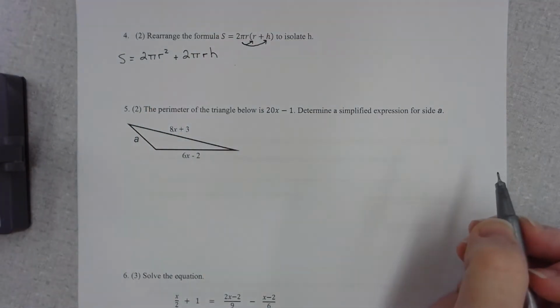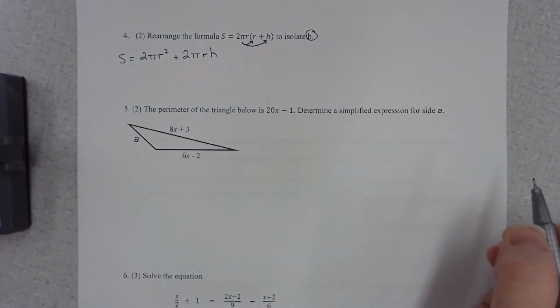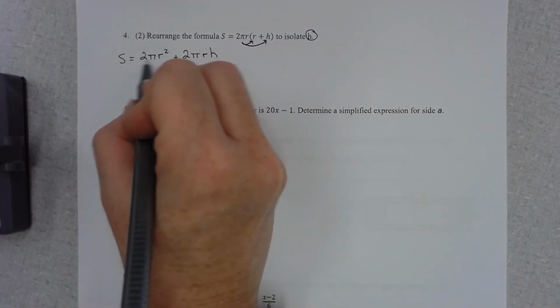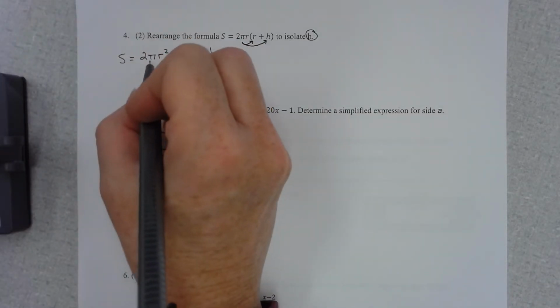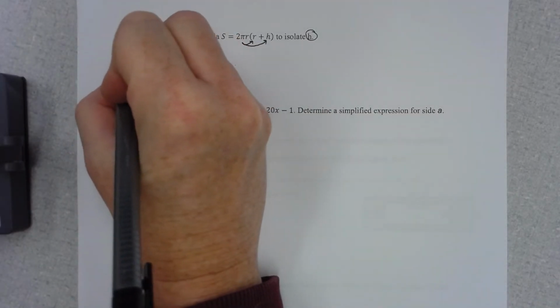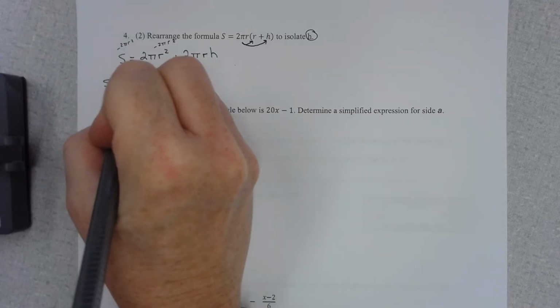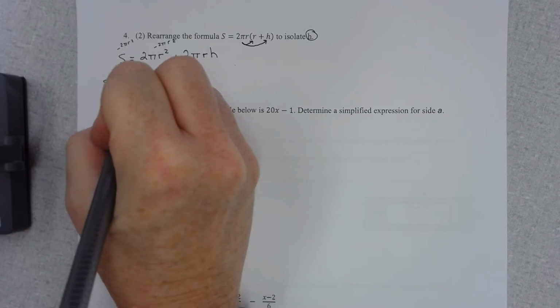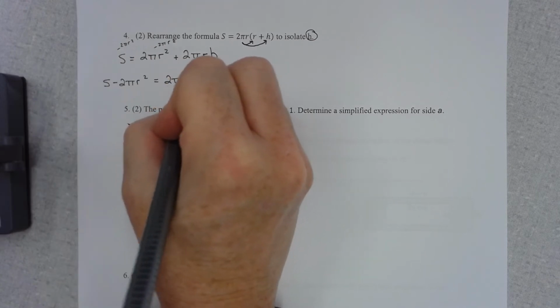Here we want to isolate h, which means we want to get h on one side. There's no h's here, so we can subtract this from both sides. So I'm going to subtract 2 pi r squared from both sides. When I do that, I get s minus 2 pi r squared is equal to 2 pi r h.